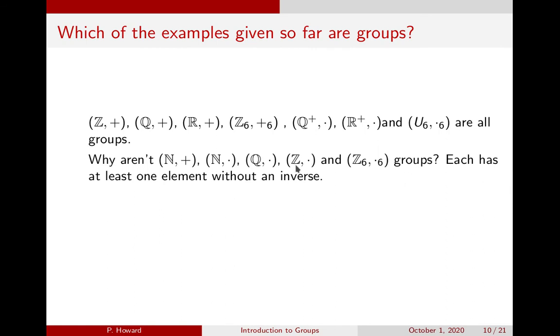But there are elements of the integers that do not have inverses which are integers. For example, 5. The inverse of 5, using the operation of multiplication, is 1/5, but that is not an integer. We will look at some of these examples in more detail in just a second.